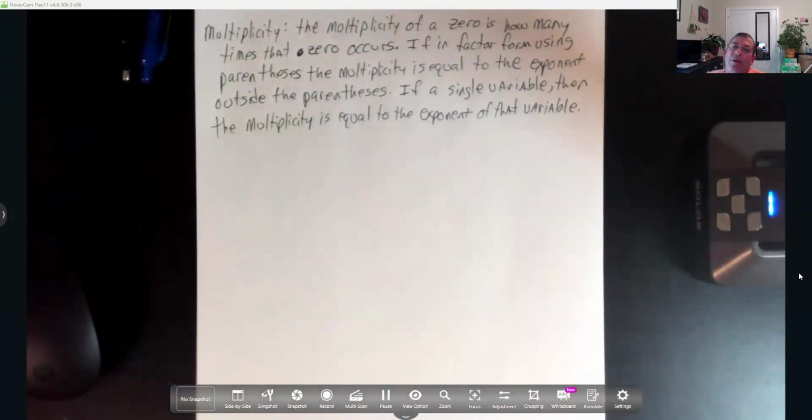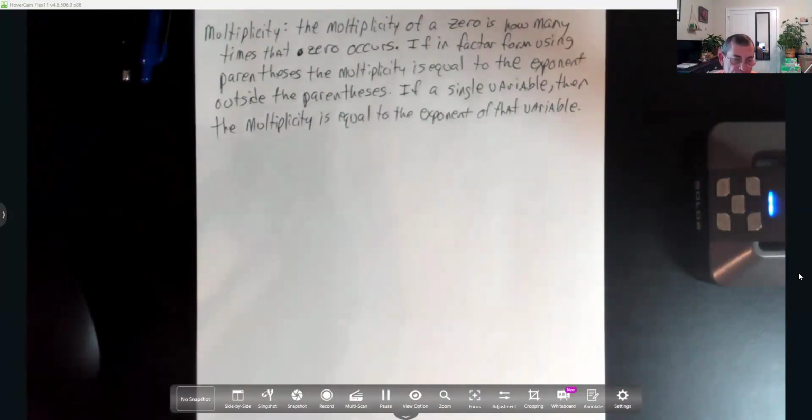But y'all look here, no matter how you look at it, the multiplicity is equal to the exponents, okay? Whether they're in parentheses or whether they are single variable terms, okay?